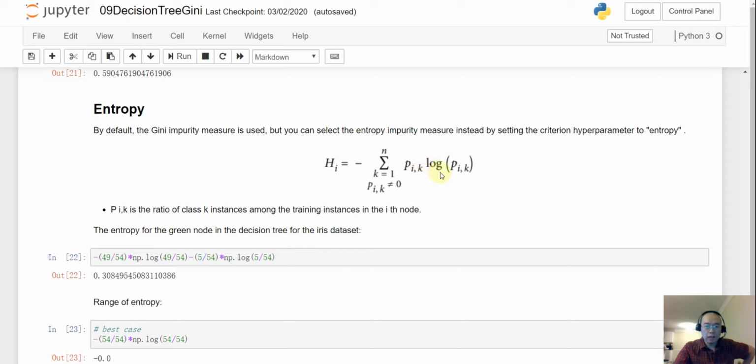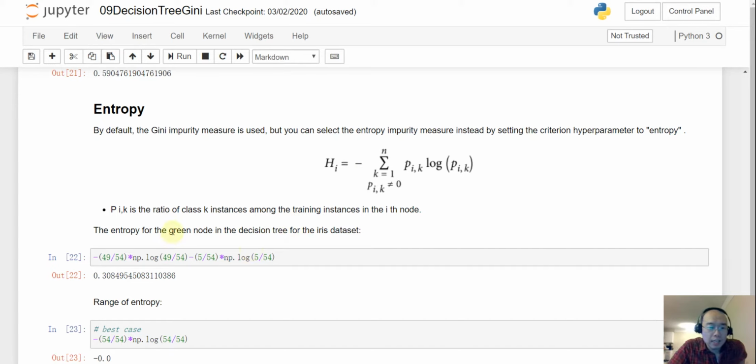And if we have multiple classes, we add them together, and remember there is a negative here. So the entropy is kind of weird, but even after we add all those negative values together, eventually there will be a positive value or zero.